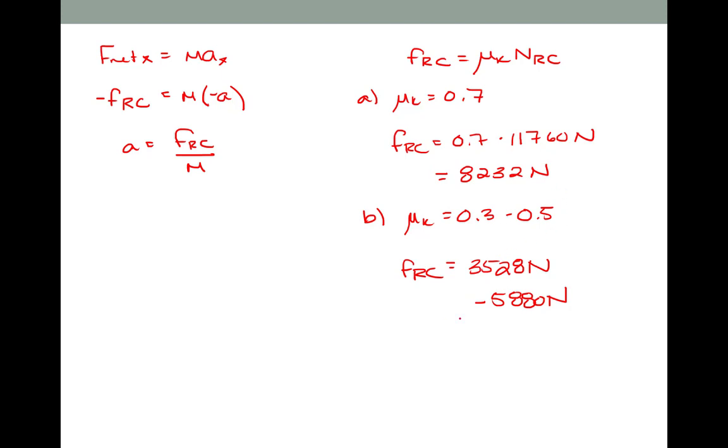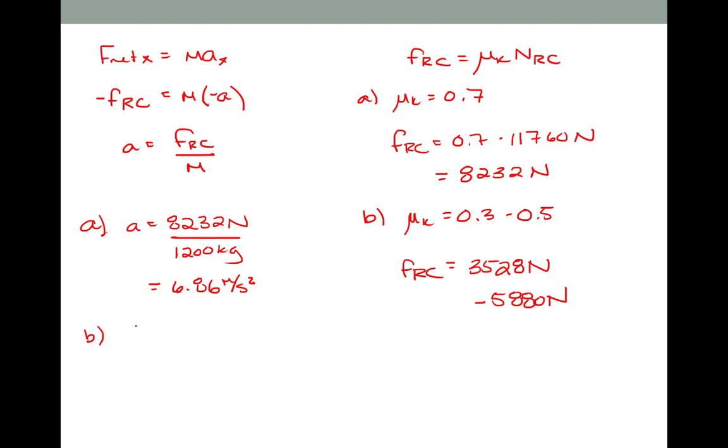I can now take these two values for the force of friction and answer what is the acceleration. So for part A, the acceleration will be 8,232 newtons divided by the mass, which is 1,200 kilograms. And that equals 6.86 meters per second squared.